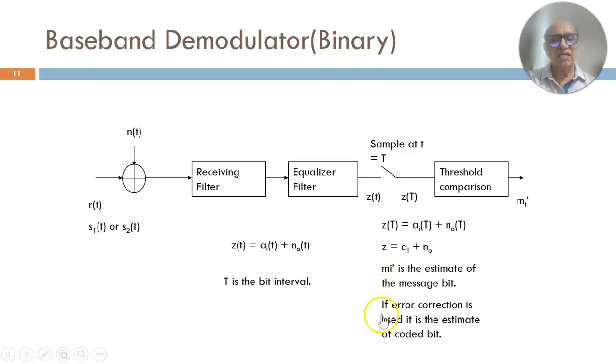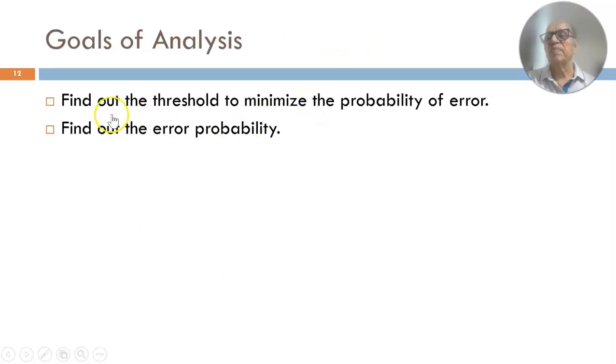So if error correction is used, then it is the estimate of the coded bit. That is obvious. Okay. So now, as far as this session is concerned, we have more or less covered everything. So we'll just point out what we intend to do in the next session. The goals of the analysis for the following session are: find out the threshold to minimize the probability of error.